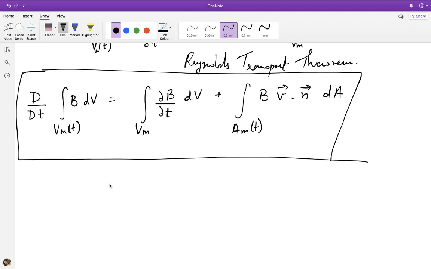We can go on to write this Reynolds transport theorem in a different form, which is more useful for our purposes, by applying the divergence theorem to the surface integral to write it as a volume integral, in which case we would have a single integral over the volume of the time derivative plus the divergence of the flux.